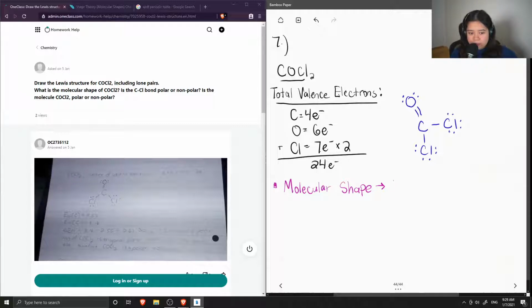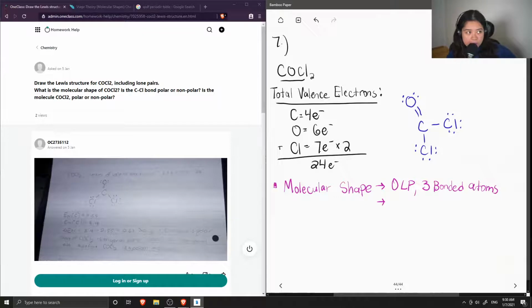So carbon has 0 lone pairs. And then we also count how many atoms are bonded with the carbon. So if we count, we have 3 bonded atoms, which is the 1 oxygen and the 2 chlorines.